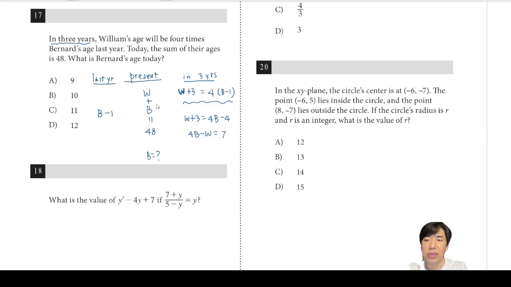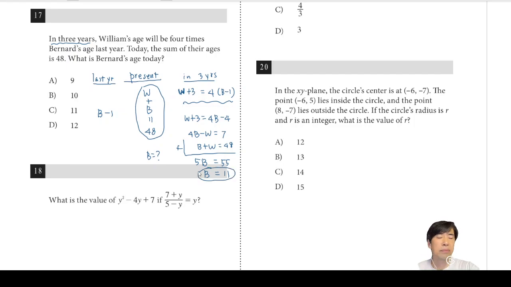And the second equation is this one: B plus W is equal to 48. So we can add these two together to eliminate W. So 5B is equal to 55. So B is equal to 11. Easy peasy.